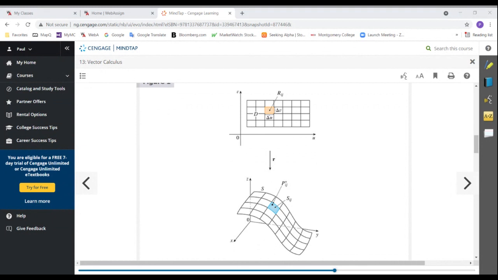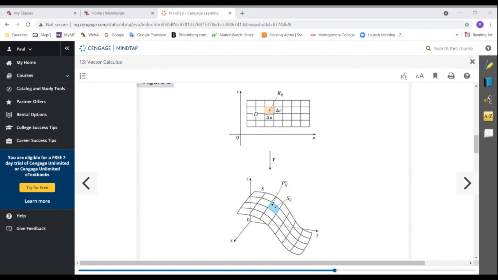It's a function of u and v. As u and v vary, r traces out a surface S in space, and that surface S is shown right here in front of you on the screen. It's figure 1 in the book, and there's the ijth patch of the surface.